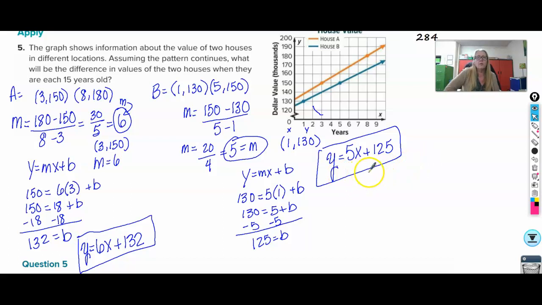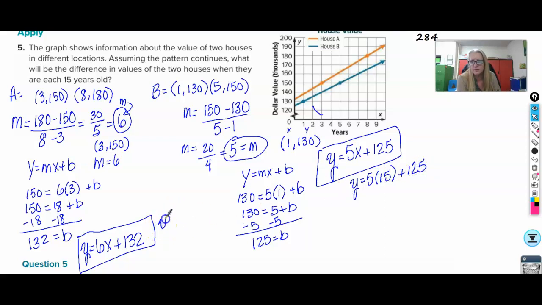They want to know what's going to be the difference in the value of the two houses when they're each 15 years old. So what you're going to do is substitute 15 for x in both of these equations. This one will be y equals 5 times 15 plus 125.